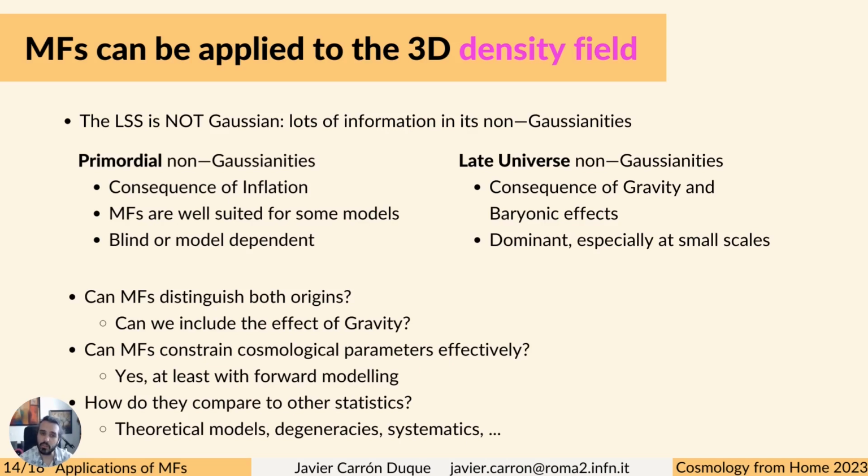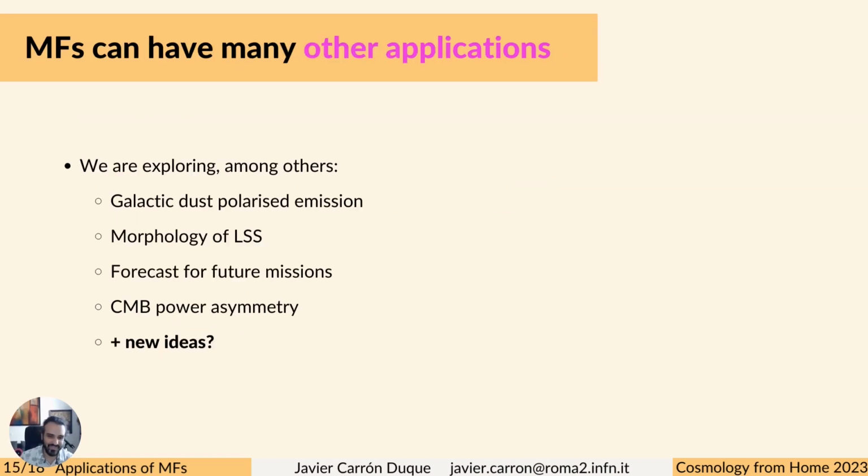Now, how do Minkowski functionals compare to other statistics, like the bispectrum or the maxima distribution? Well, we don't know. They could be better for some theoretical models or present different degeneracies between parameters, different robustness to systematics. This is something that is now starting to be studied, and it's really exciting. There is still a lot of work to do.